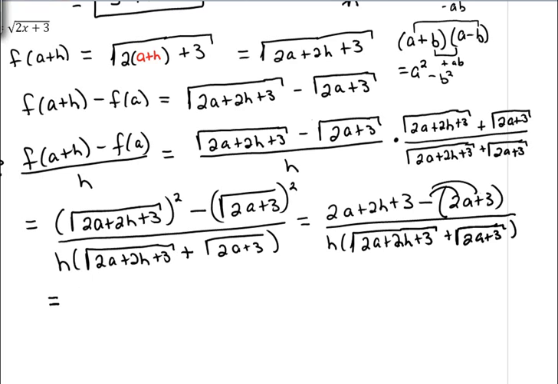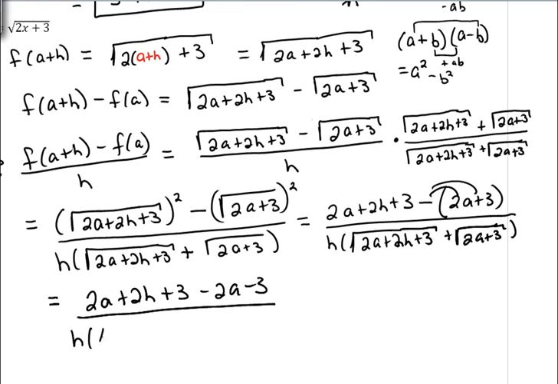Now we can distribute this negative sign. That gives us 2a plus 2h plus 3 minus 2a minus 3. And don't forget your denominator, h times the quantity square root of 2a plus 2h plus 3 plus the square root of 2a plus 3.